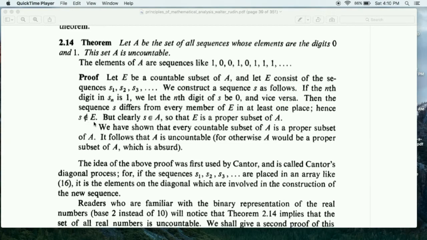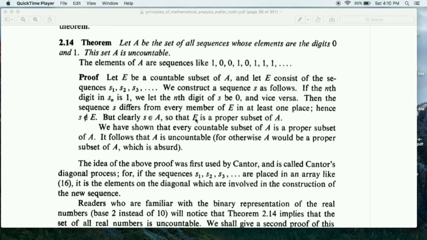Thus, S does not belong to E, but S is clearly in A because it is a sequence of the form 0 or 1, 0 or 1, 0 or 1, and so on. So we see that E, which is a countable subset of A, is a proper subset of A.